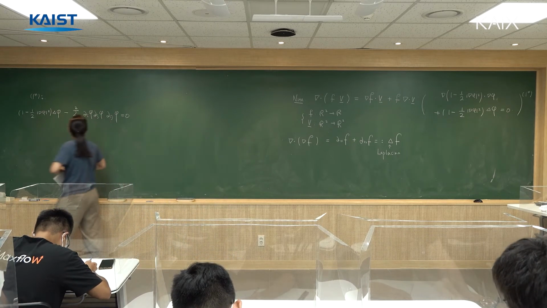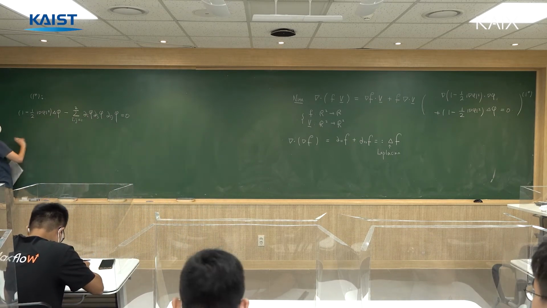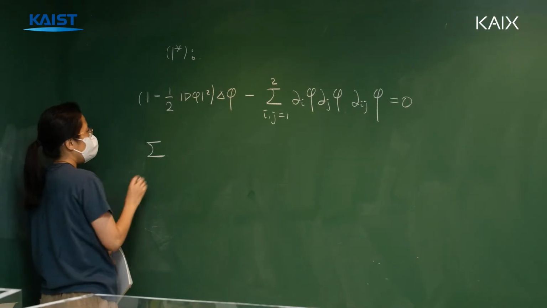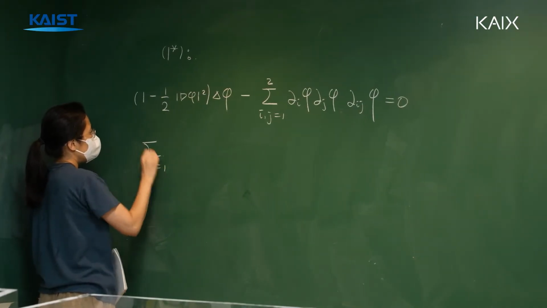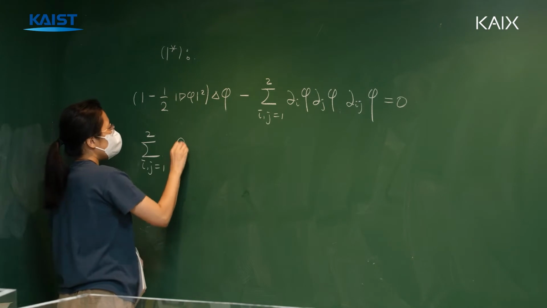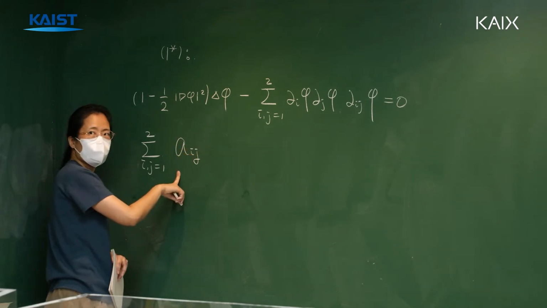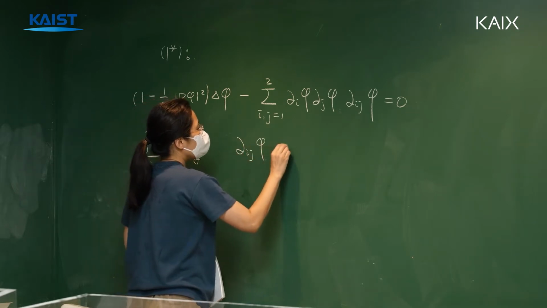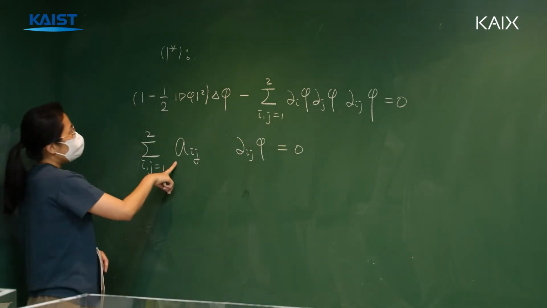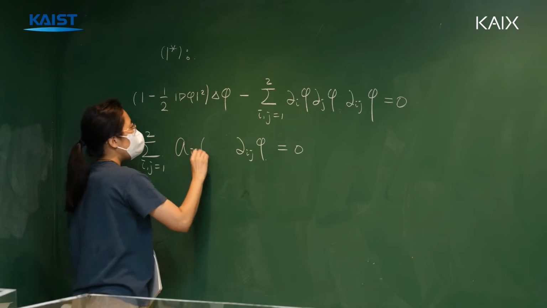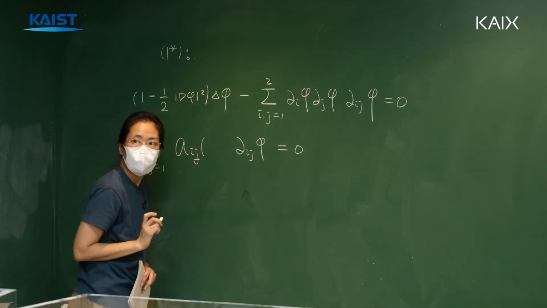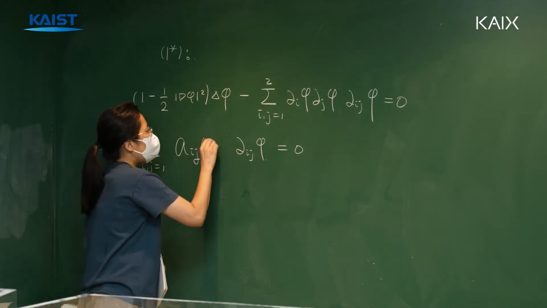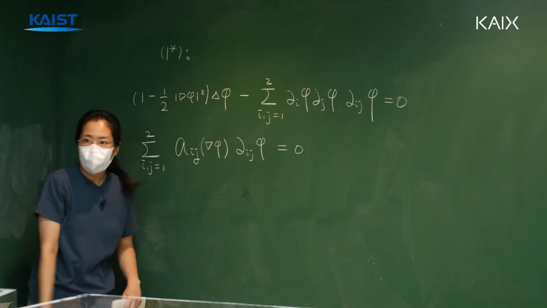All right, so if I just write this as a summation of ij equal to 1 to 2 of aij, the coefficient for the derivative dij phi, so let me just use this notation. Then you can see that the coefficient now is not a given function, but rather depends on the gradient of phi, right?